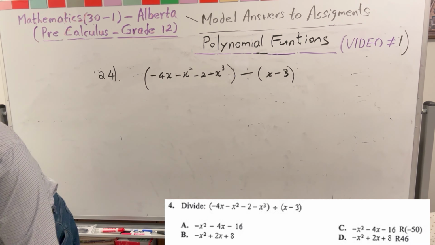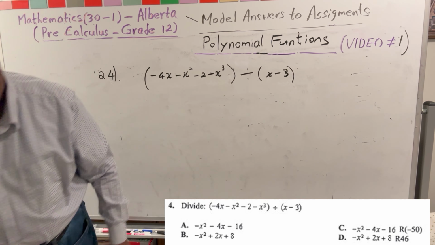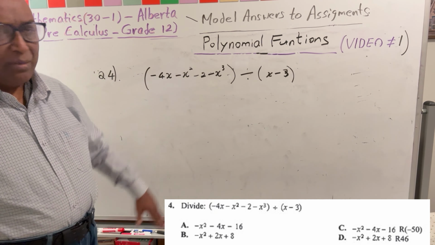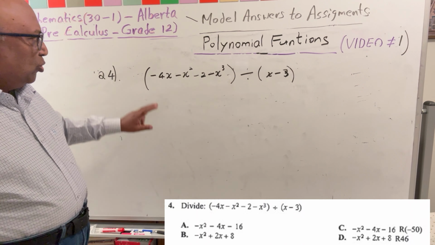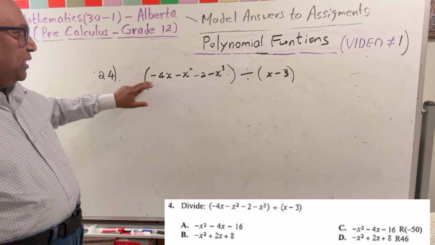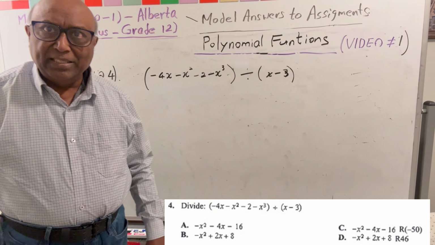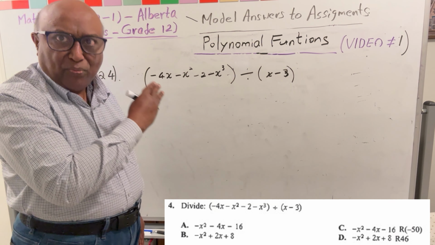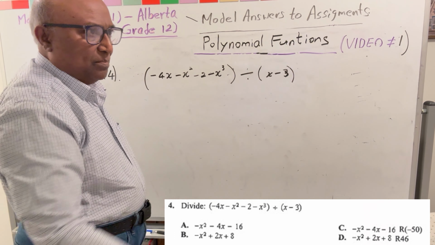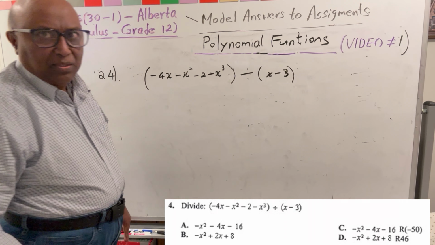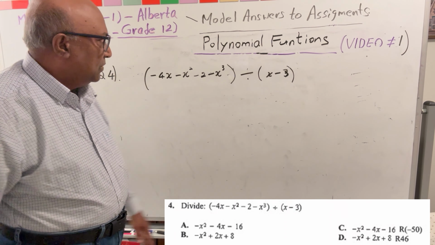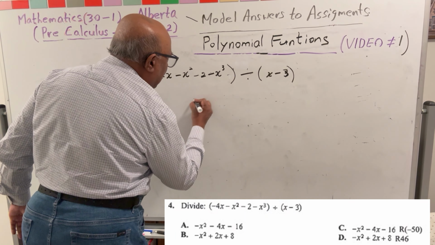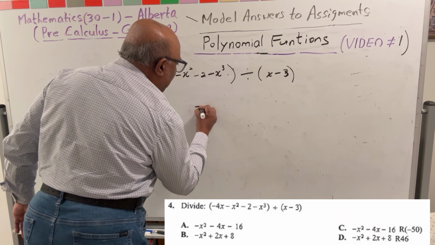How do you do the synthetic division method? You have to follow some steps. You need to rearrange this polynomial function in the order of descending powers, in the order of decreasing powers. Let's rearrange this function. The highest power term is minus x^3.